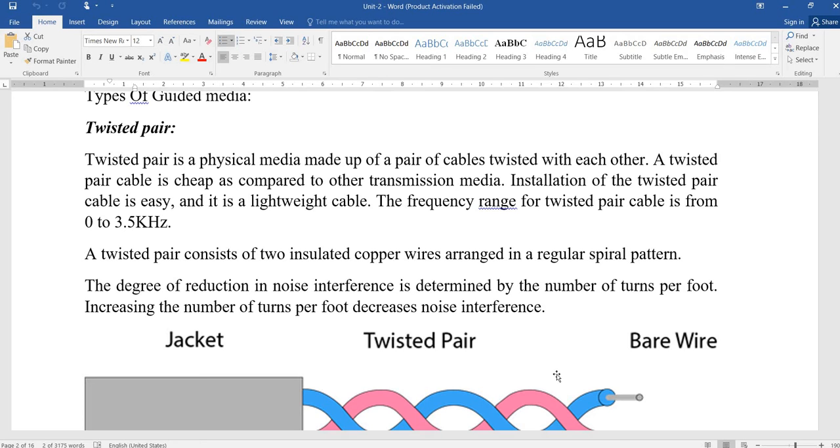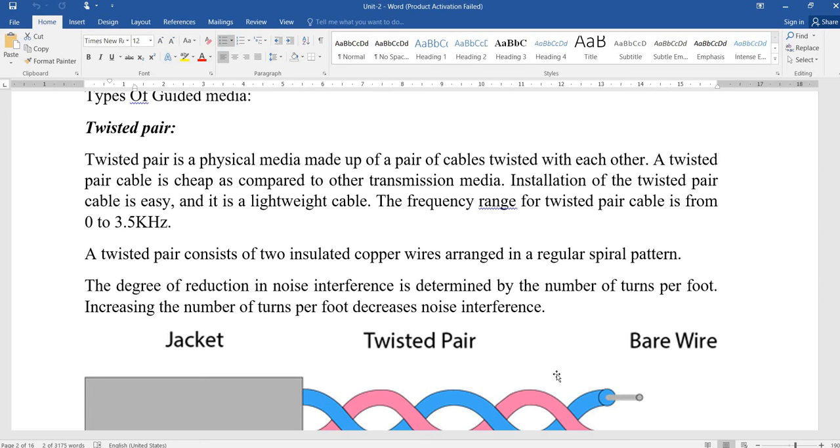Nowadays we still use twisted pair cables in LANs and sometimes in router networks. The frequency range for twisted pair cable is from 0 to 1.3 kilohertz.